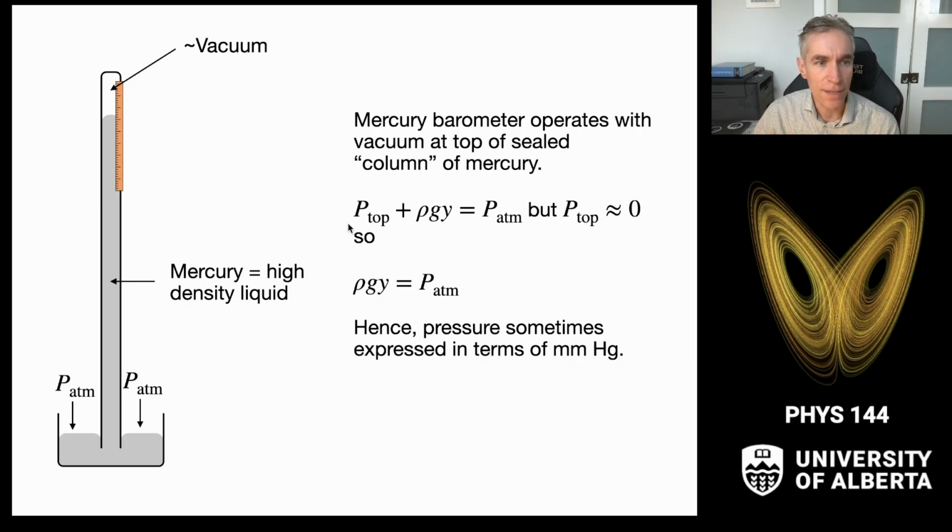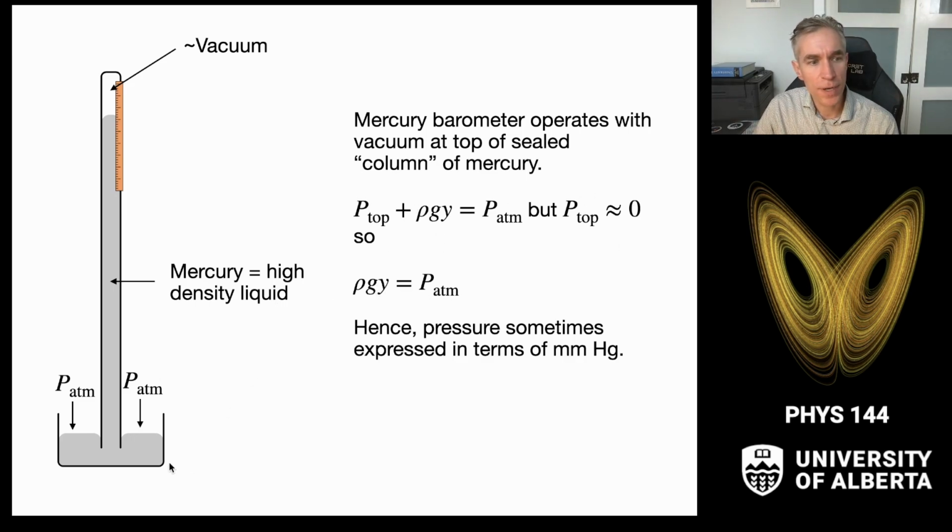against gravity. And then you can use Pascal's law here to say, okay, the pressure at the bottom down here, P atm, at the level of the surface, is equal to the pressure at the top plus rho g times the depth of the fluid, which is the length of the column that goes down here. But since we created a vacuum at the top, that's basically 0 up here.